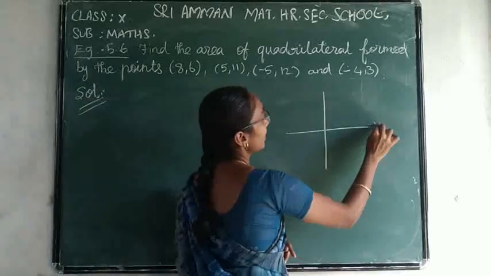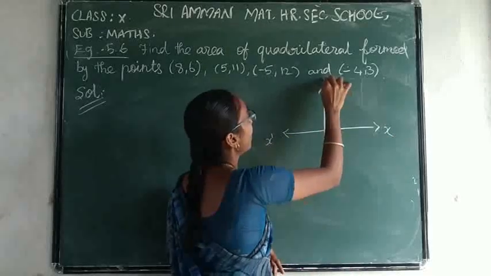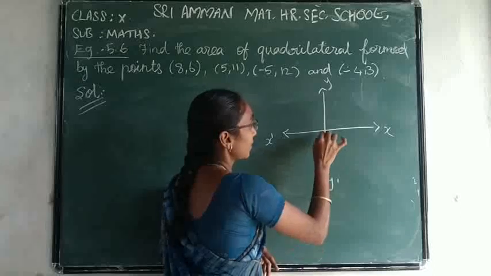This is x-axis, x dash, y dash. This is 0.